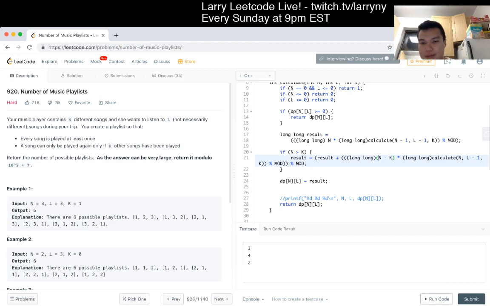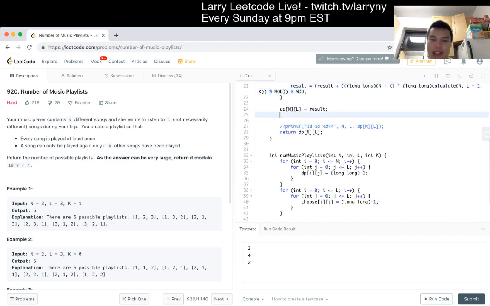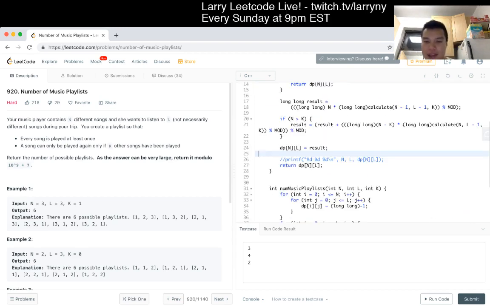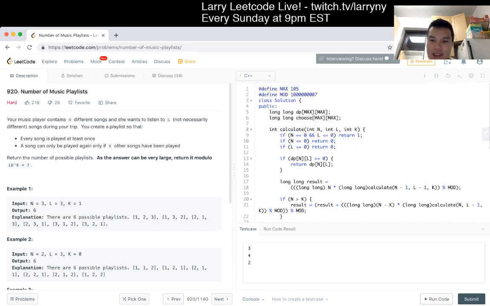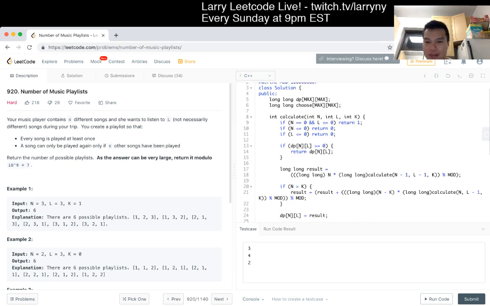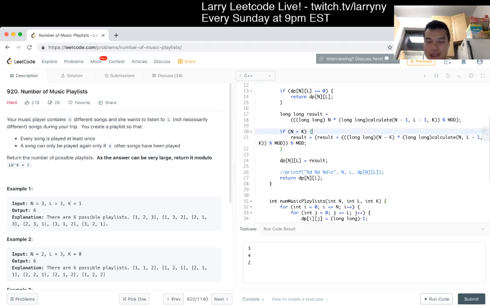But in this case, it's still just a dynamic programming problem, maybe a tricky one, maybe an easy one, depending on how you feel about it. But once you get the recurrence, it's straightforward. And if you've been practicing dynamic programming problems, maybe it will go a little bit easier. But yeah, I had all the parts of this.